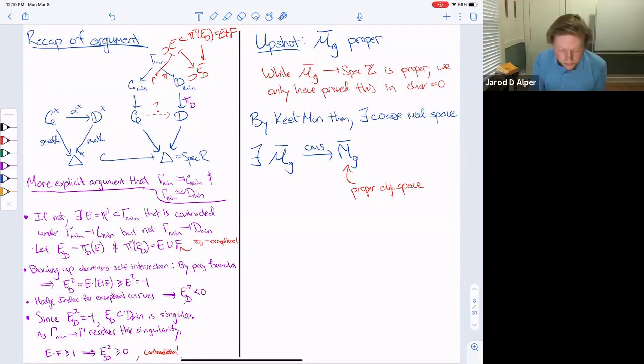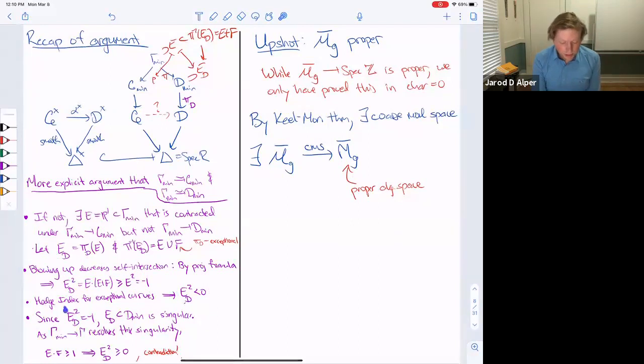We play this game where we look at the self-intersection of ED, and we try to get a contradiction. On one hand, we know how blowing up affects the self-intersection: the self-intersection of ED squared is greater than or equal to -1. But on the other hand, since it's an exceptional curve, by the Hodge index theorem it's negative.